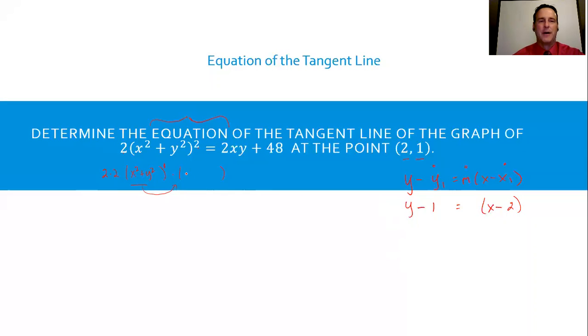So the derivative of x squared is 2x, and the derivative of y squared is 2y dy/dx. Okay. Make sure that left side makes sense. Don't forget the chain rule. I know it gets kind of ugly, but the reality is that's how it looks.